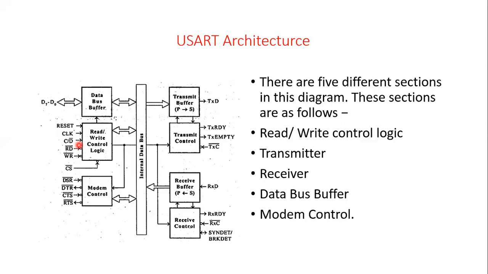Then control register. This is a 16-bit register for control word, consisting of 2 independent bytes. The first byte is called the mode instruction and the second byte is called the command instruction. These registers can be accessed as an output port when the C/D bar pin is high. Then status register.